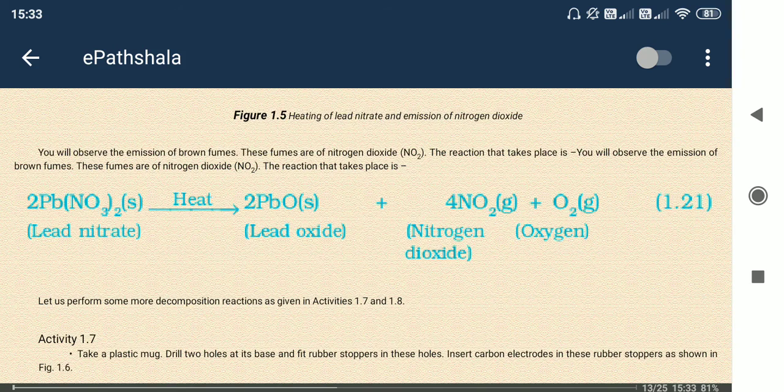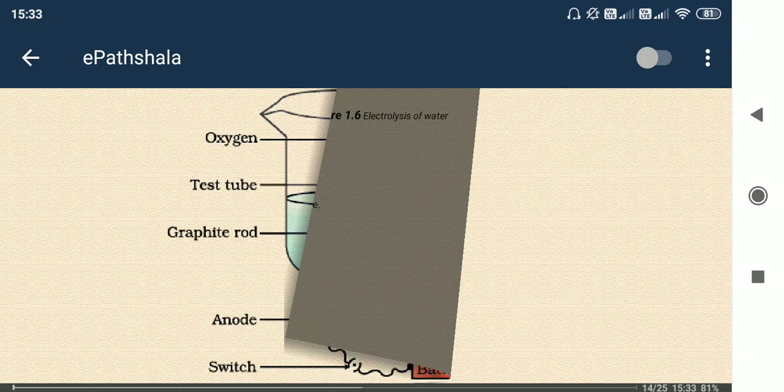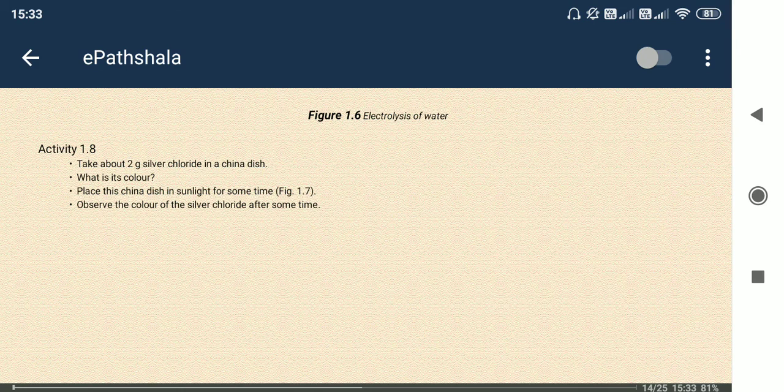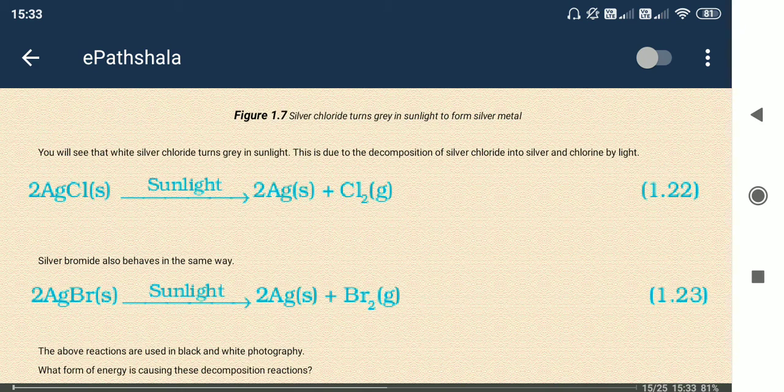See here, this one is also decomposition. Lead nitrate decomposes to lead oxide plus nitrogen dioxide plus oxygen by heating. The next one: sunlight is given to AgCl and it decomposes to Ag plus Cl2.